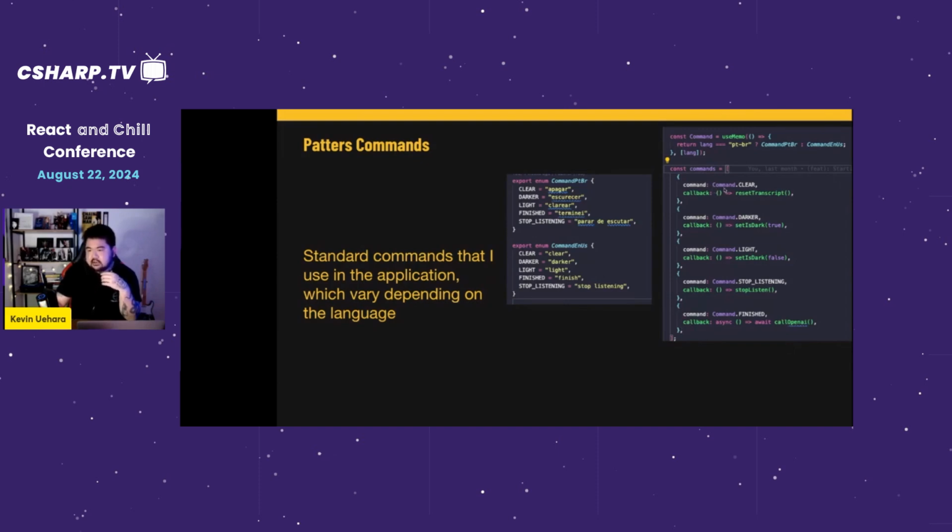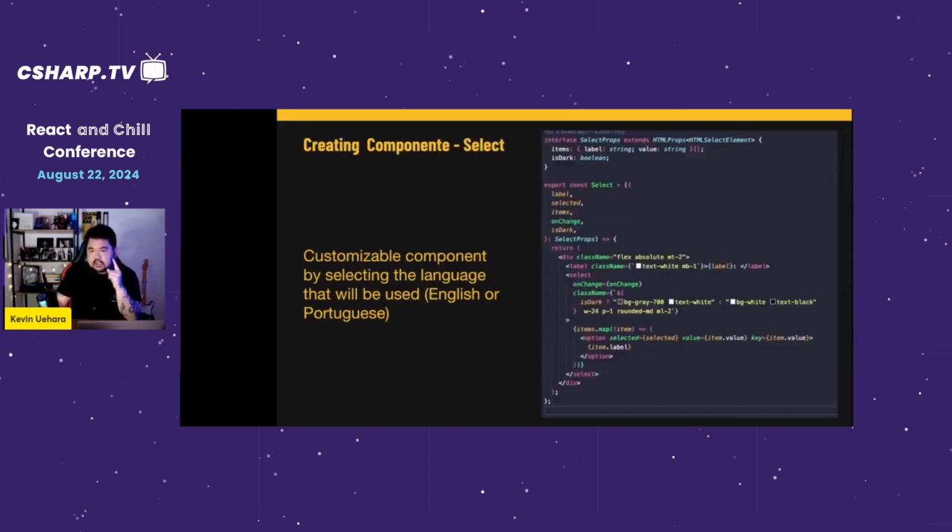If I call clear, I reset the transcript, okay? If dark, I will change the dark state to true, light to false. Stop listening, I will call the stop listening function, and if finished, I will call the OpenAI method, that I'm going to see probably in the next slides.